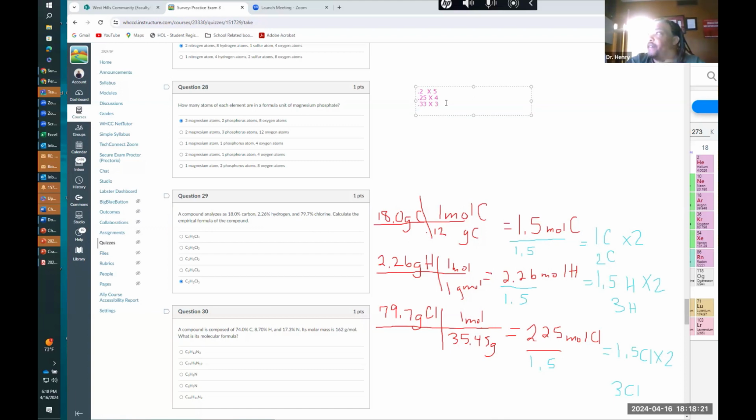And if you have 0.4, you're going to multiply that times, what am I going to multiply 0.4 by?